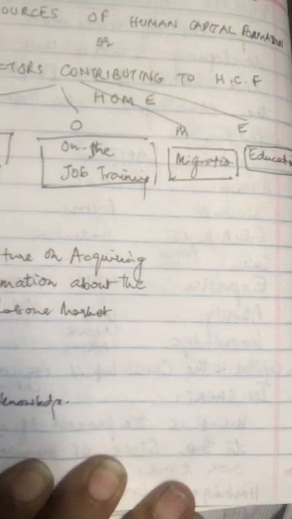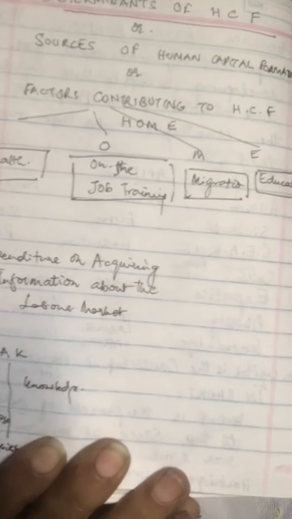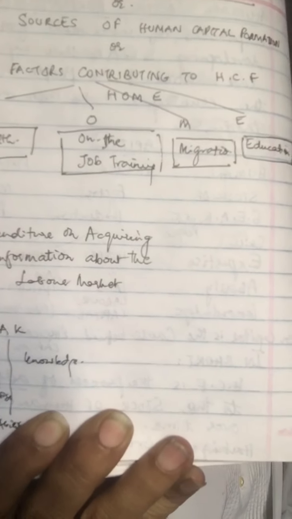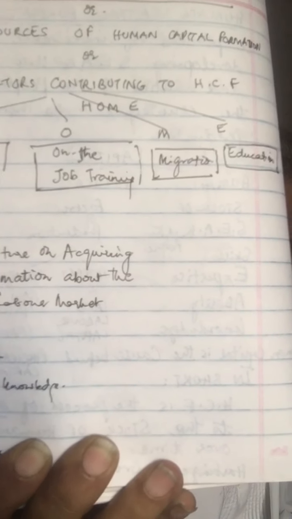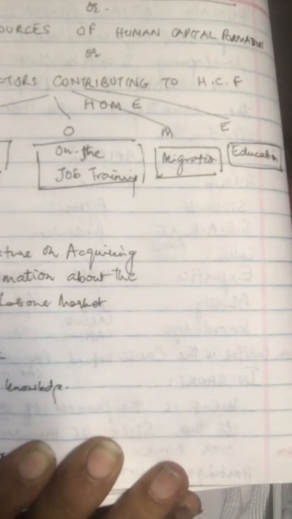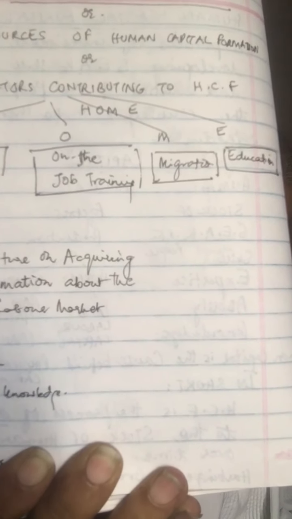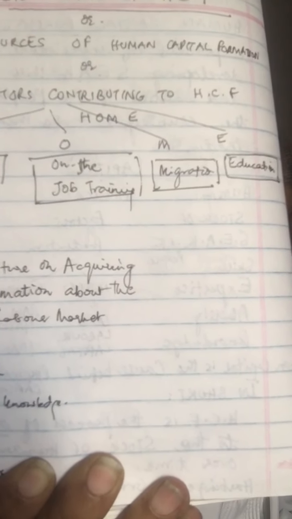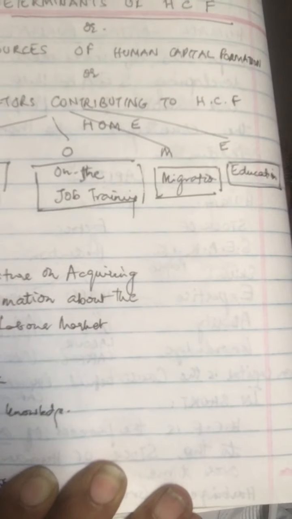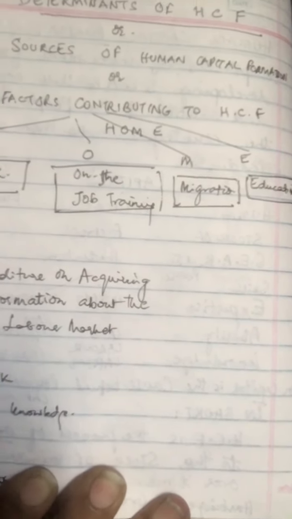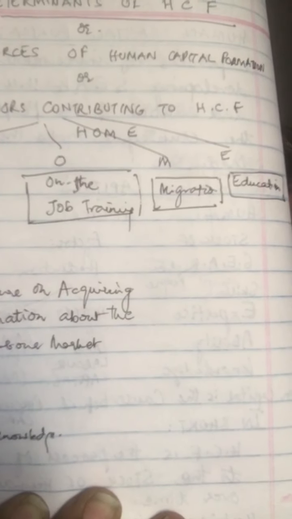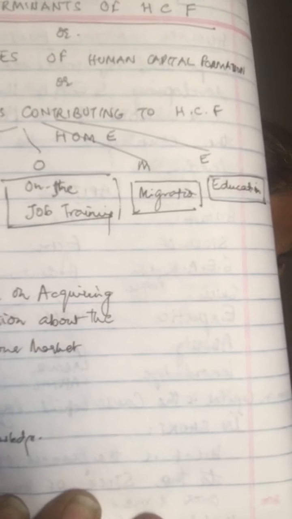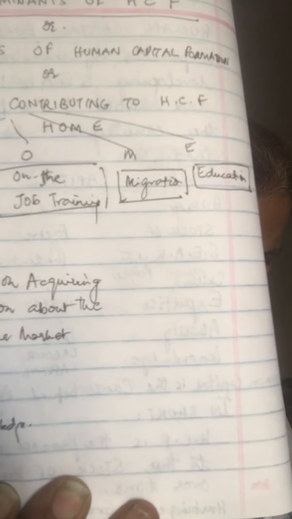So M, what does M mean now? Migration. Why does it come here? Migration contributes to human capital formation as it helps in the utilization of otherwise inactive skills of the people. Or we can say that it helps in fuller and better utilization of skills. Now, what does migration involve? Which are the costs?